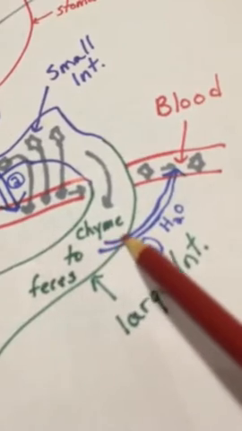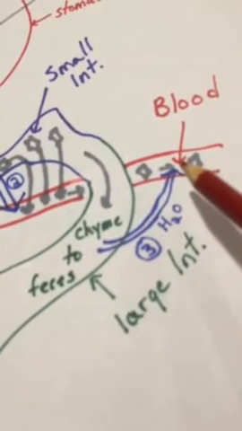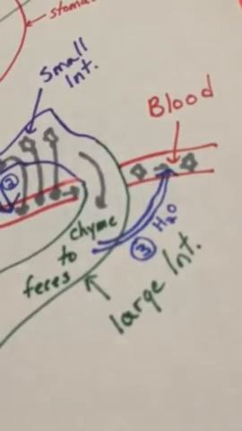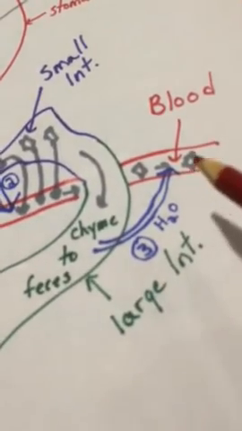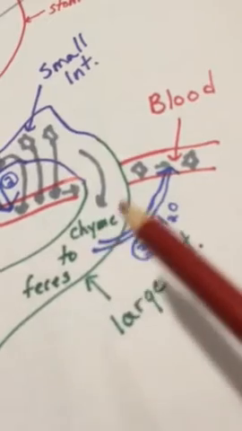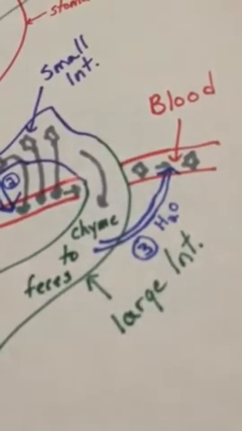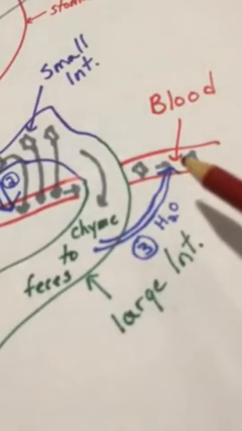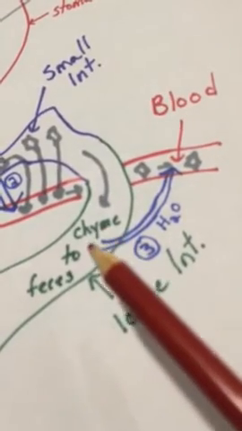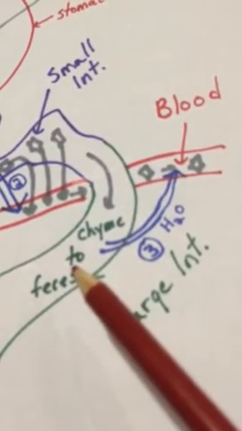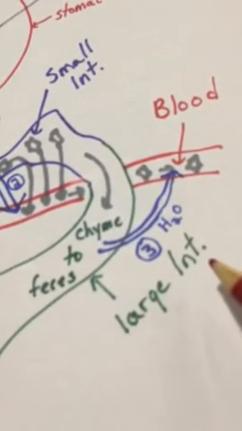So water will leave that chyme and enter the bloodstream, just an osmotic property, moving to where it's saltier. But the objective here is to convert the chyme to feces. This chyme is really liquidy and really watery, but as that water leaves the chyme, it compacts it into feces. So we get those solid waste products for removal, and that occurs in the large intestine.